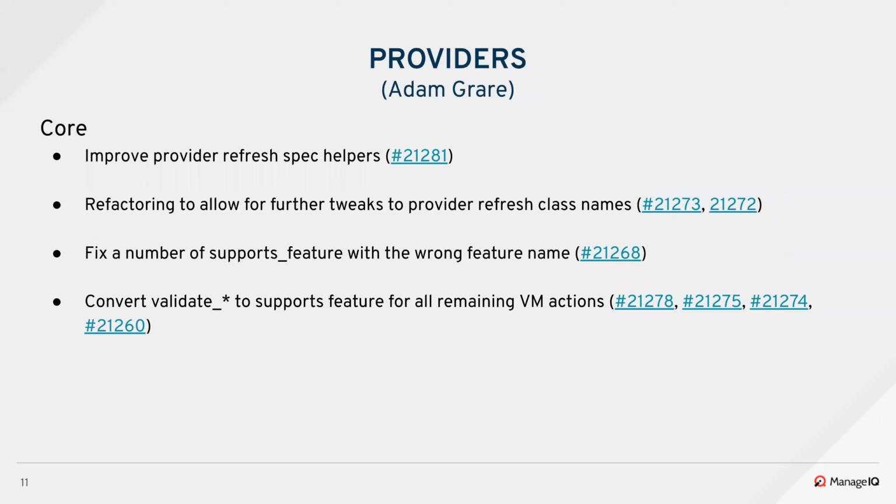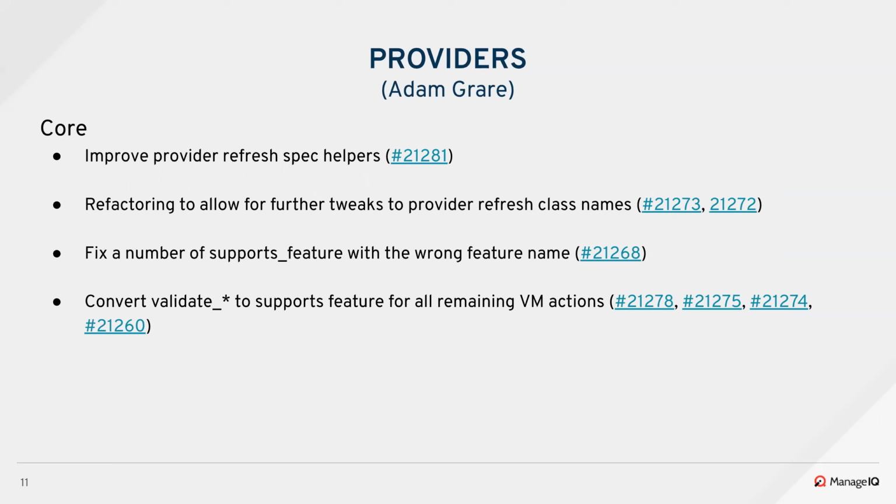Thanks, Kavya. So for providers in the core of this sprint, we improved the provider refresh spec helpers. These spec helpers generally help when you're running comparisons between, for example, full and targeted refresh to make sure that nothing changed.